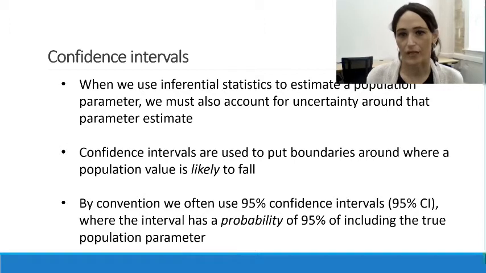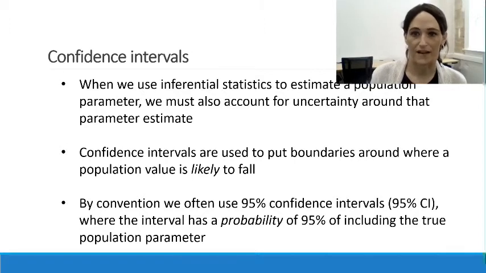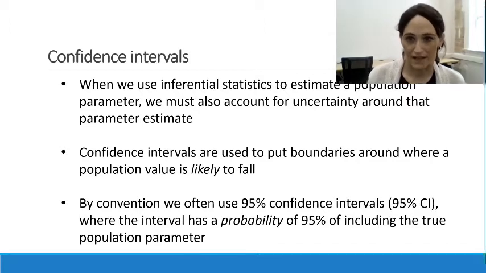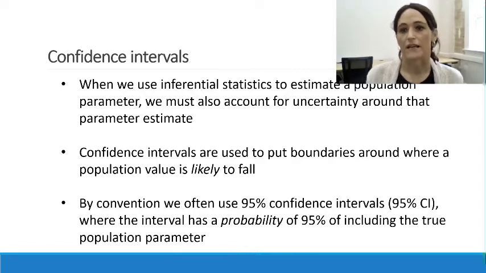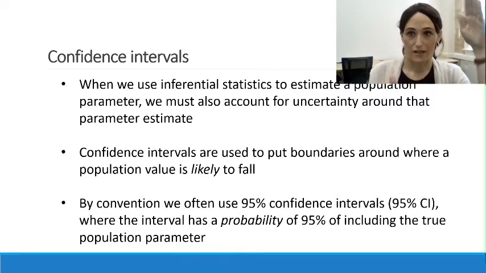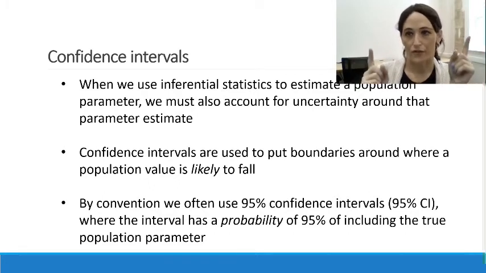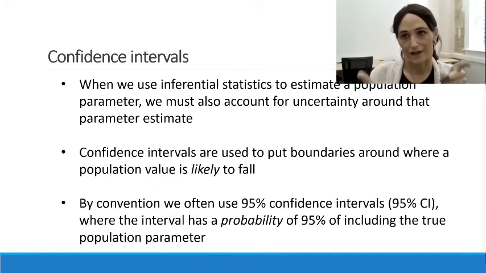By convention, we often use 95% confidence intervals, which means that the probability is 95% that the range of values that we present includes the true population parameter. It doesn't say where it falls in that range. There's a lower bound and upper bound, and we're saying we're 95% confident the true population value falls within that range.